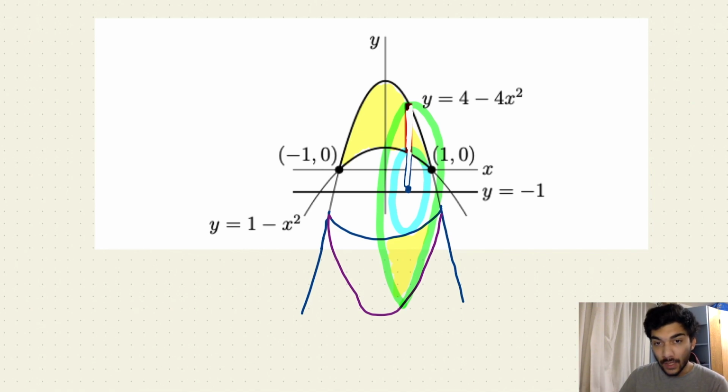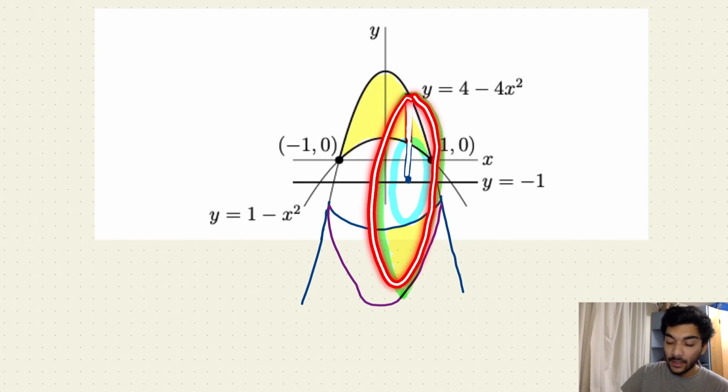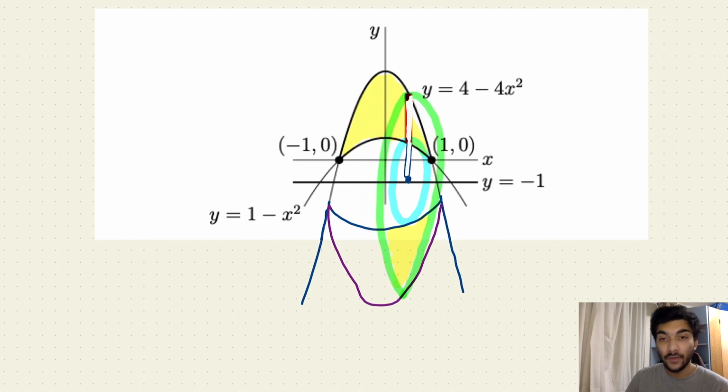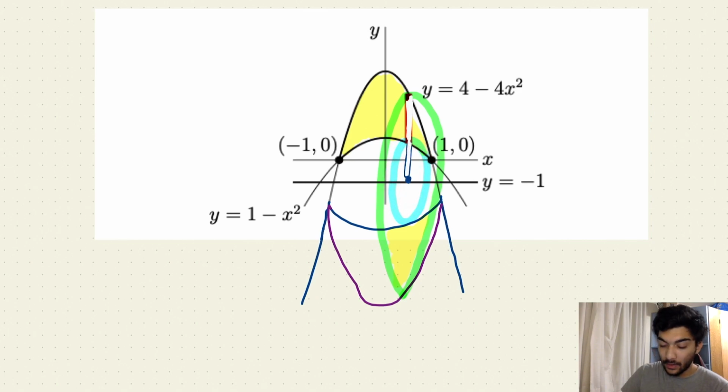After you have visualized, you'll take an arbitrary aerial strip, and based on it, you'll calculate the required area, which in this case was subtracting the area of our inner circular strip from the area of our outer circular strip.